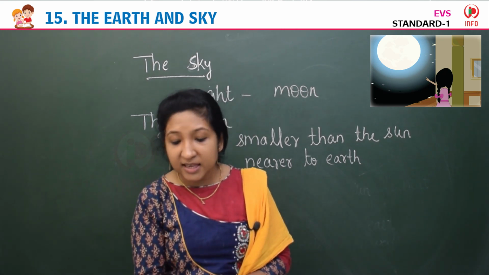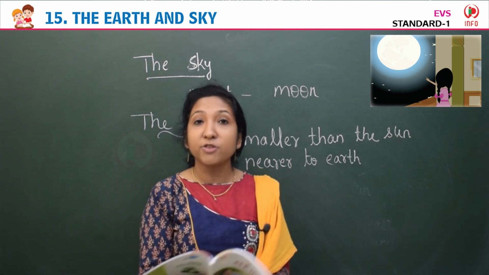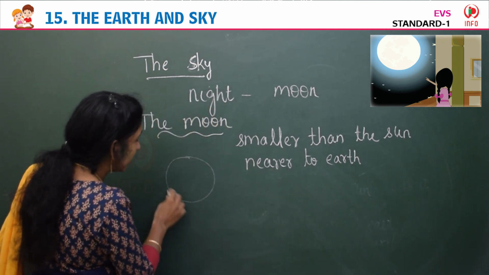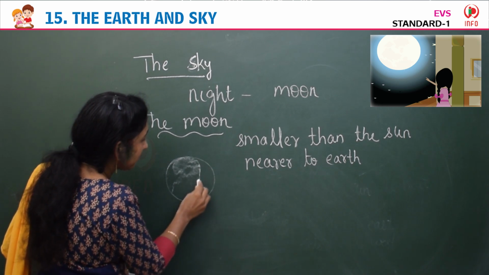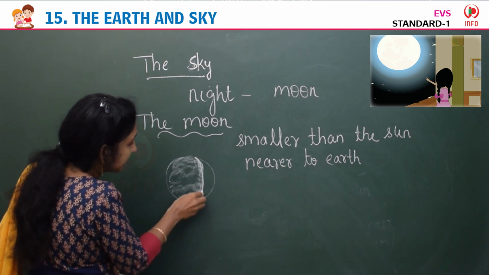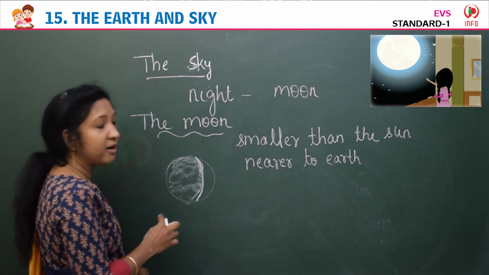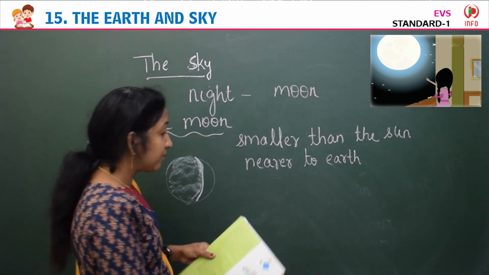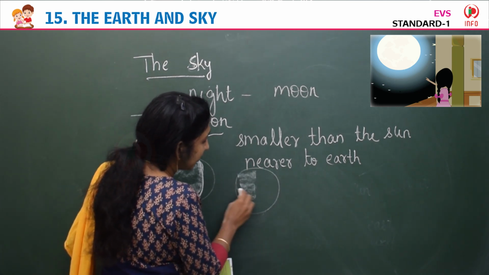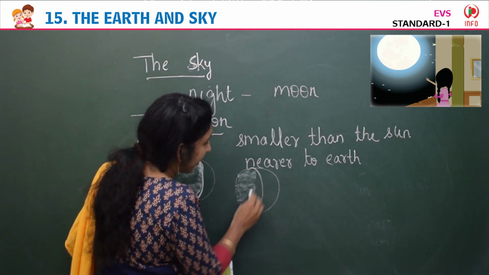Sometimes we can see only a part of the moon. Only a little part, only this part of the moon we can see. Sometimes we can see what? Half of the moon we can see. Half part we can see.